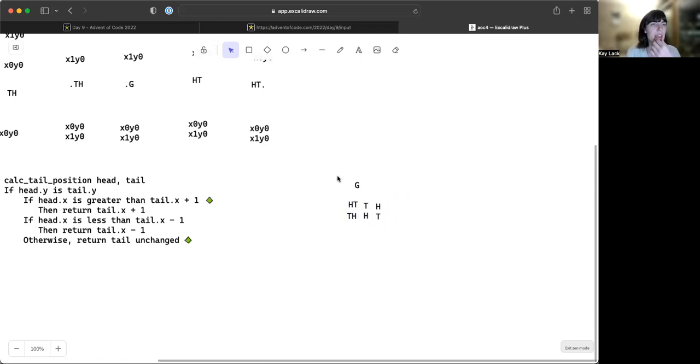Now all of these result in the tail being unchanged.